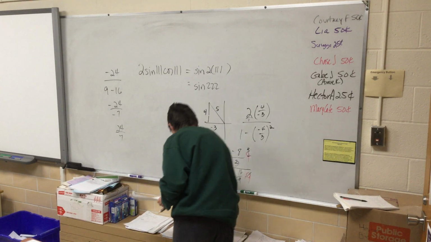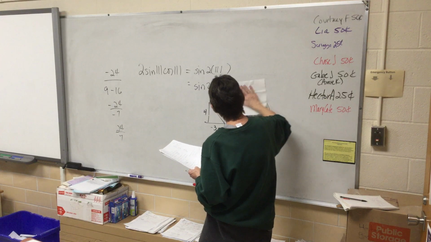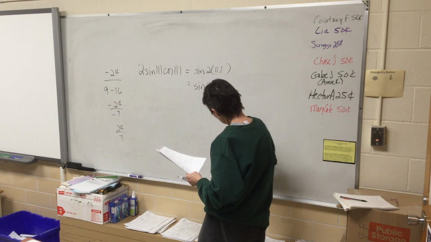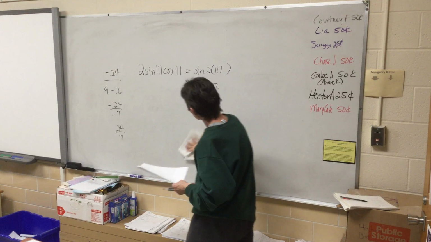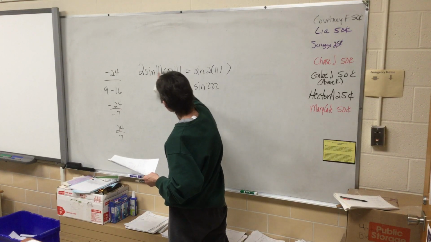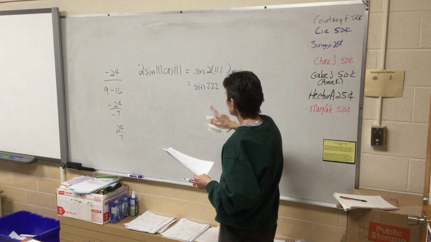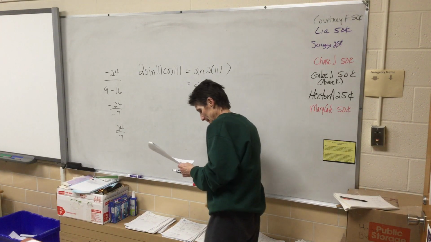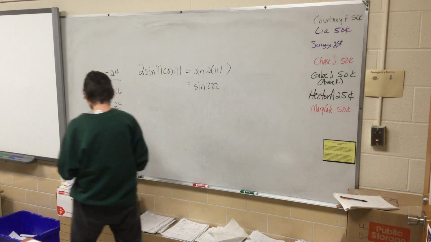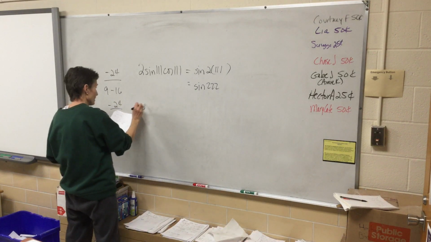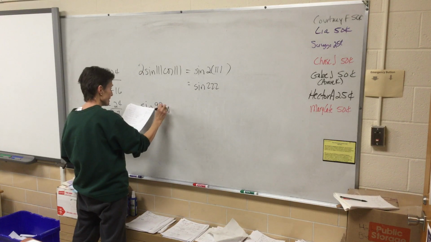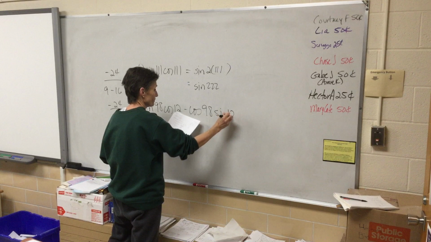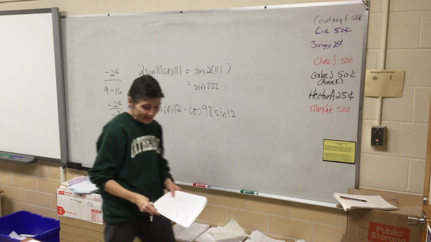Remember, when you're trying to figure out the formula, don't worry about the angle. You can plug the angle in later. Look at what's happening in the formula. 2 sine cosine, that's the formula for sine 2 theta. All right, what about D? Sine 98 cosine 12 minus cosine 98 sine 12. That one is not memorized.